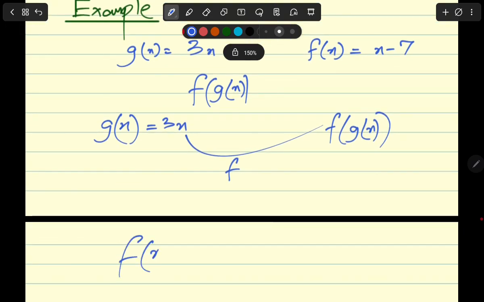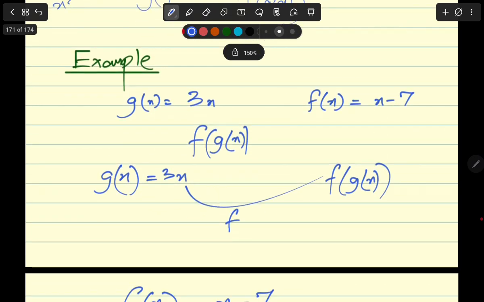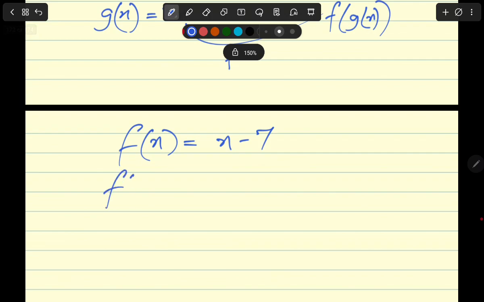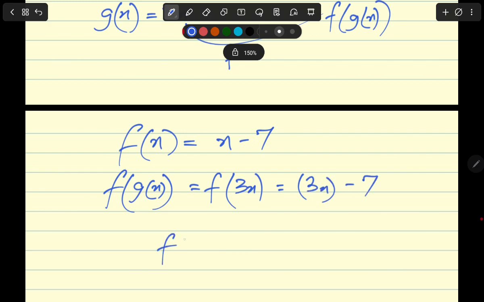So if f of x is equal to x minus 7, then instead of x we apply g of x, which is 3x. So this is going to become 3x minus 7. So f of g of x is going to be 3x minus 7. Again, the inside function goes first.